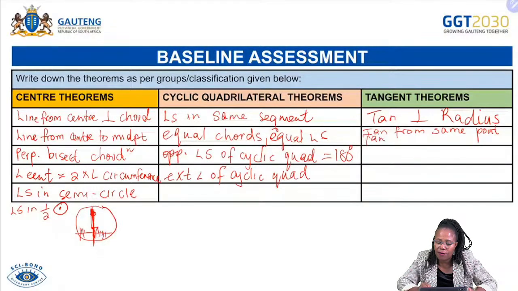They say tan from same point, or you can say tan from common point. It is more than one tangent, two lines from the same point or one common point. And then lastly, we are having a tan-chord theorem.